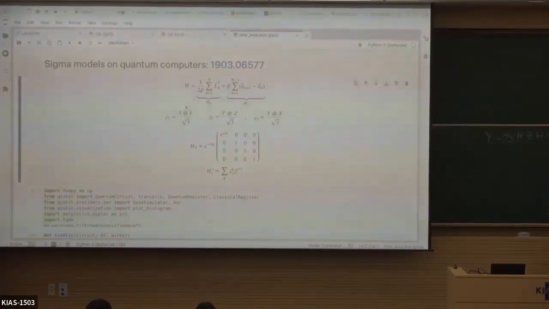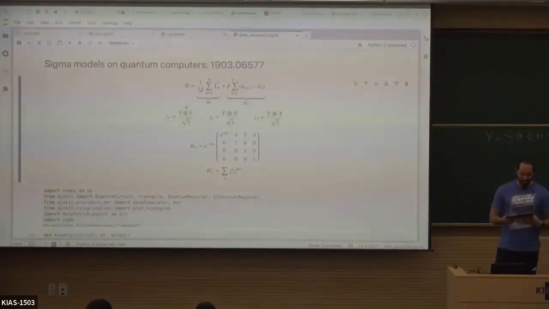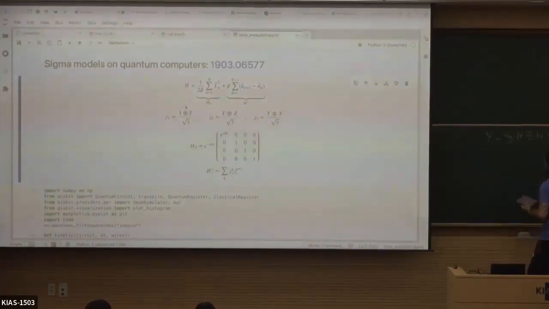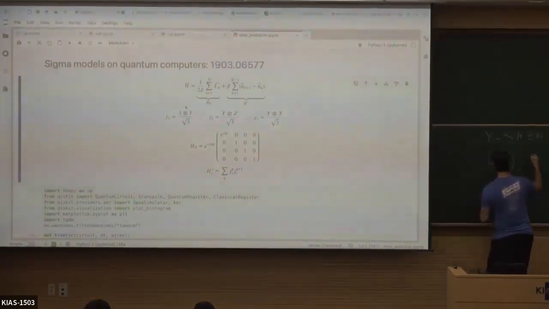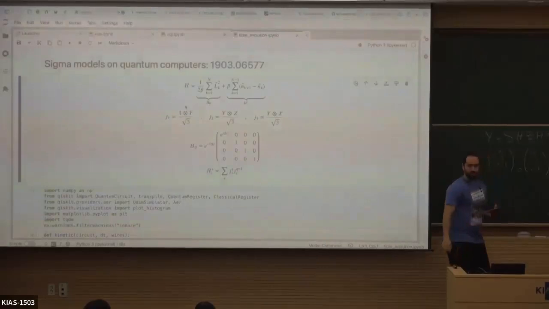And I'm going to give extra points for tomorrow's presentation to the group who can come up with the circuit. By the way, the circuit term that you're trying to come up with is J1, 0, this is the site that you're applying, the qubit that you're applying, and J1 again, 1. That's the interaction term.